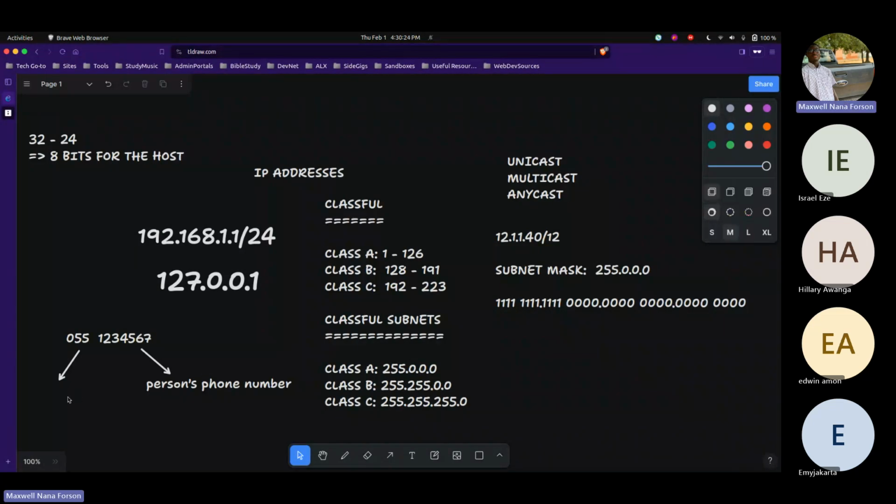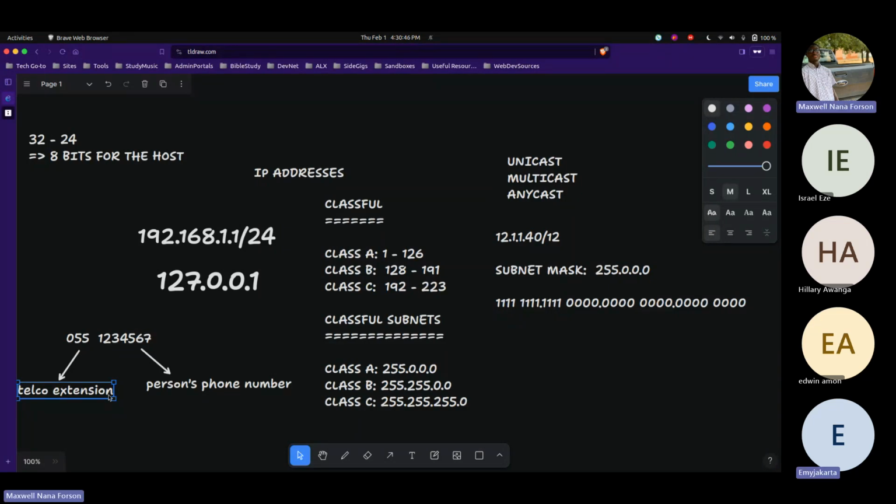And then this is a side for the telco, let's say the telco extension, if we should put it that way, right? So this number over here tells us which telecommunication company this number belongs to.